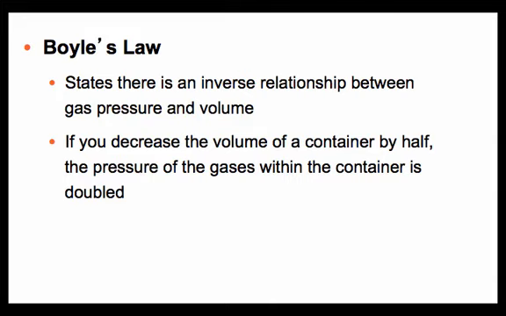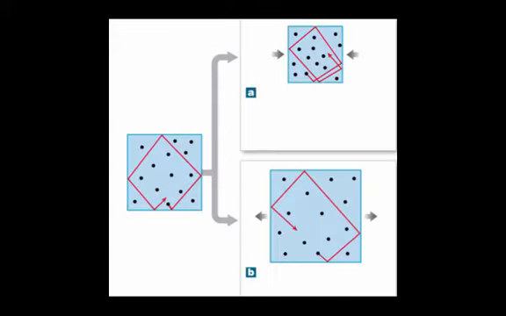Boyle's law states that there is an inverse relationship between pressure and volume. This means that if the volume is halved, the pressure is doubled. The reason for this effect is that a gas is made up of loosely spaced molecules moving at random.